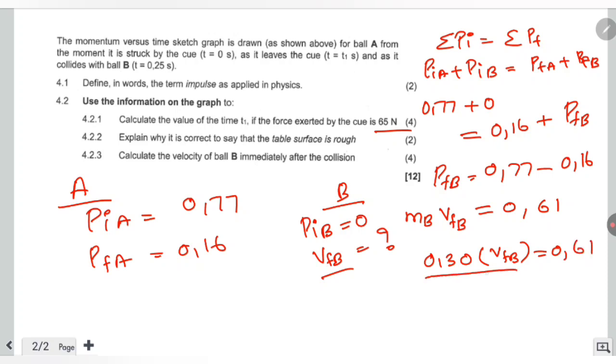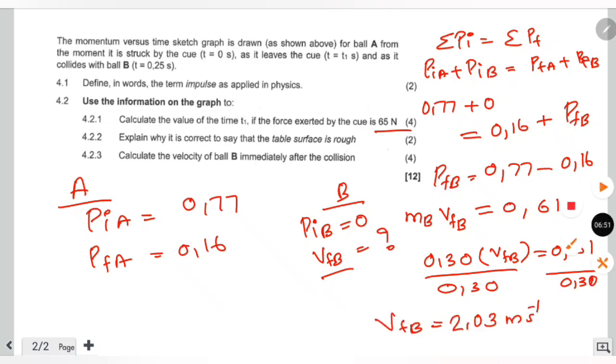Divide both sides by 0,30 and you will get the answer, 2,03 meters per second. The question says calculate the velocity, and velocity is a vector quantity. This is the magnitude, and the direction is right, because we took right as positive and the answer is positive. Okay, thank you.